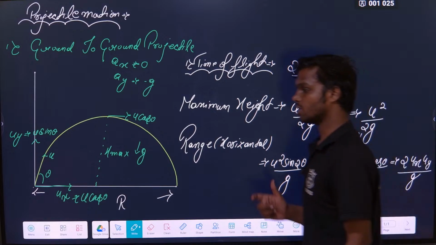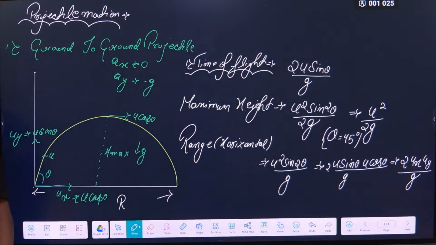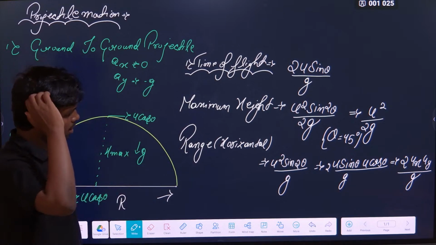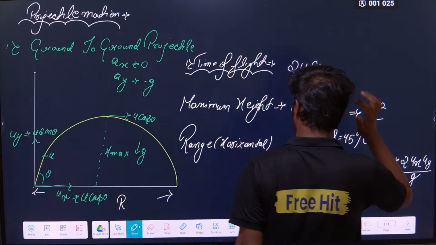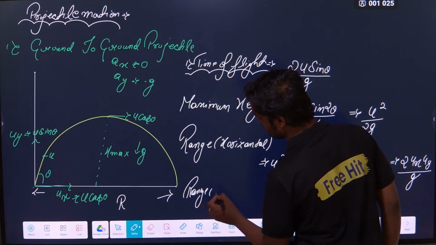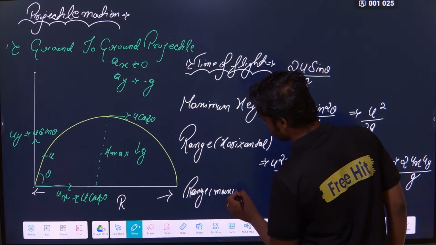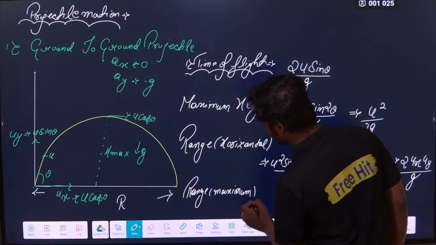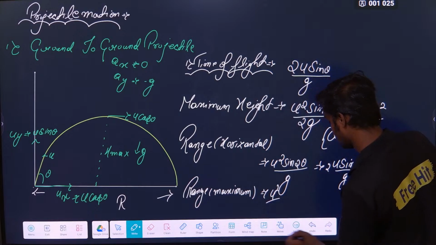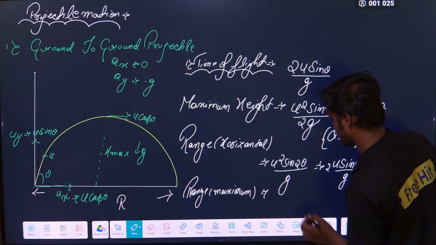So that is how we can find these different parameters. And you can also see one thing, when my range is maximum, the maximum range will be u squared by g. What is the maximum range?